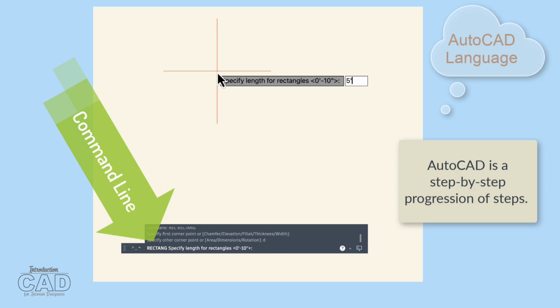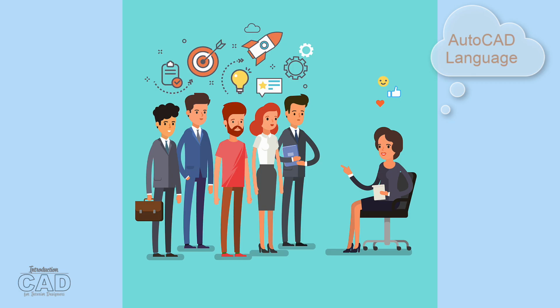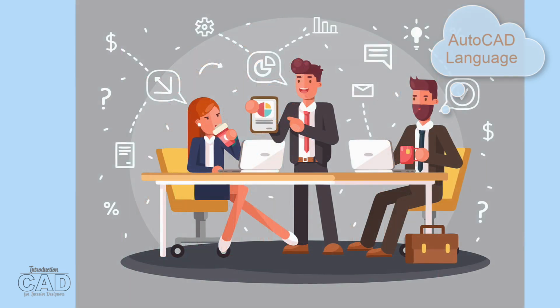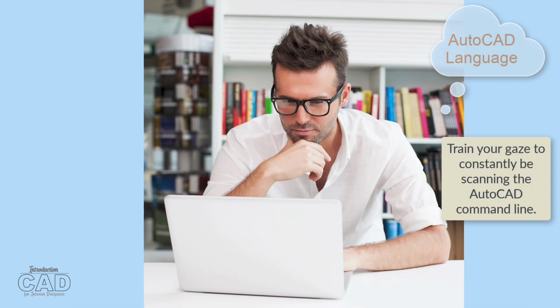Oftentimes, beginning students become frustrated with the software for a couple of reasons. First, humans are extremely complex thinkers. We can think about many things at once and project what we want to do well before we begin a task. This is not the way that AutoCAD wants to work with you. The second reason beginning AutoCAD students become frustrated is that they have not yet trained their eyes to stick to the command line.